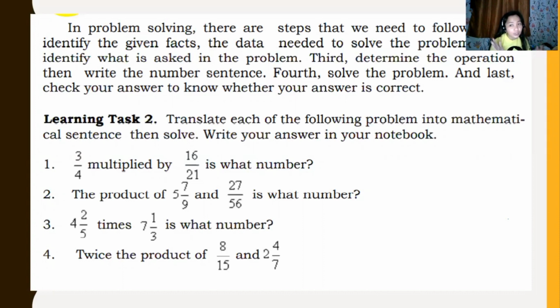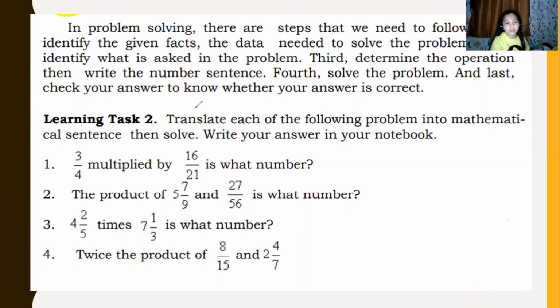So what is required here is to translate into a number sentence, then solve. Now, let's have example number 1. We have 3/4 multiplied by 16 over 21 is what number?